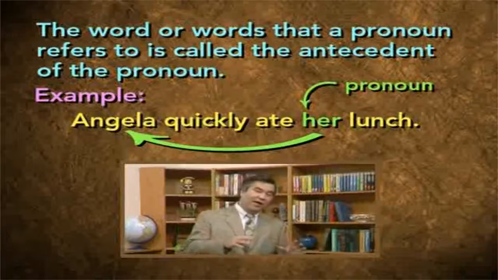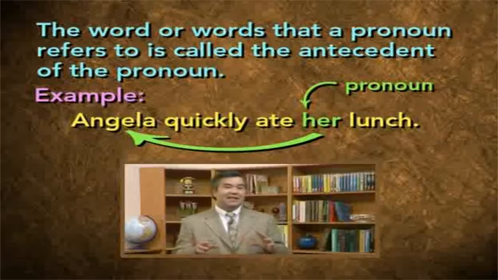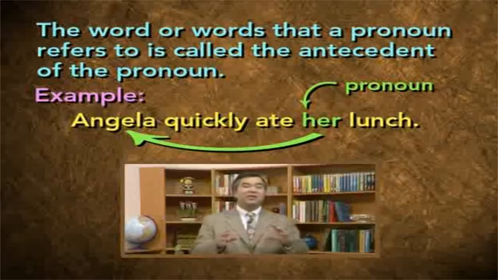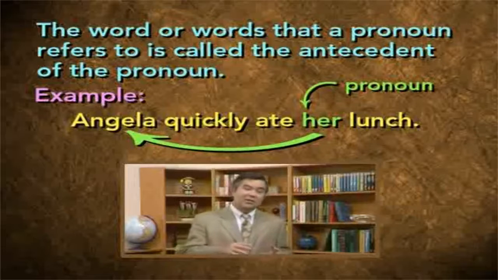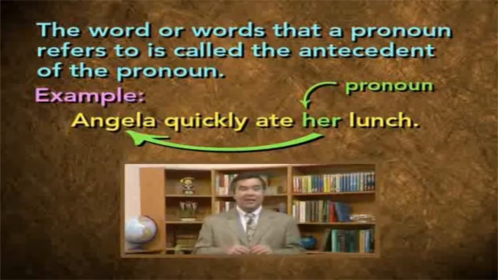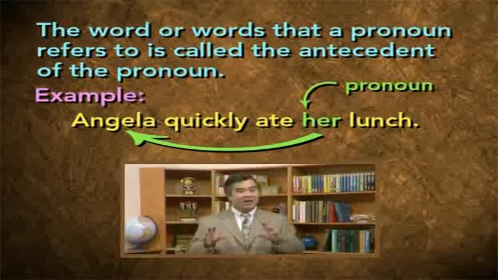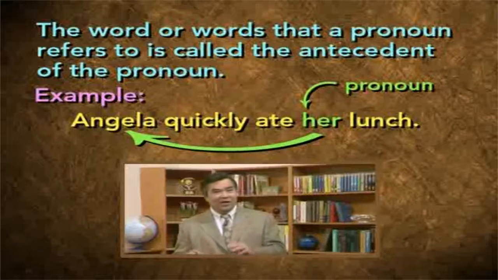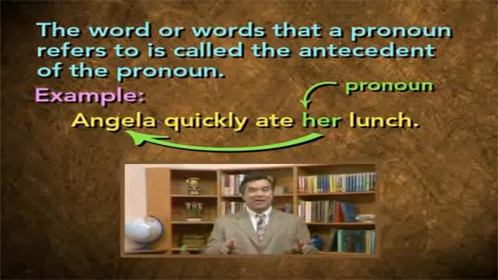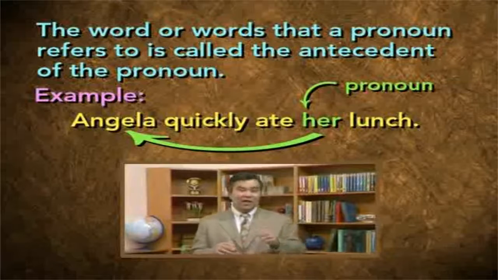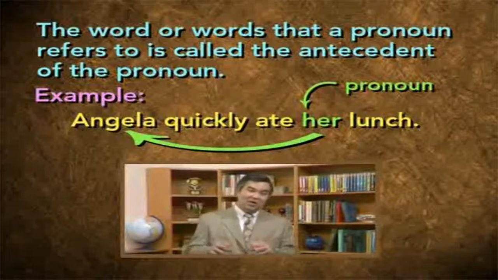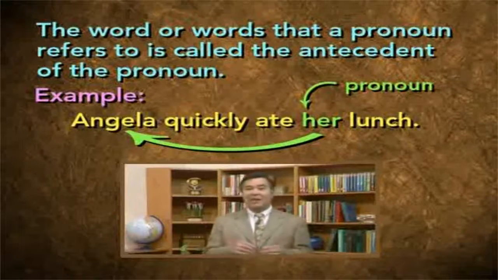So the pronoun and the antecedent in this case have to match in terms of gender, that is, in terms of male or female. And in the special program All About Pronouns, we'll talk more about the importance of making sure that a pronoun and its antecedent match in various ways. Gender is one of the ways in which the pronoun and its antecedent have to match.